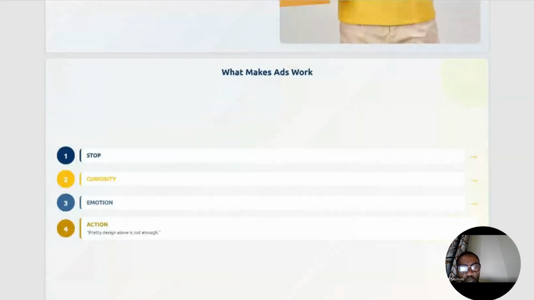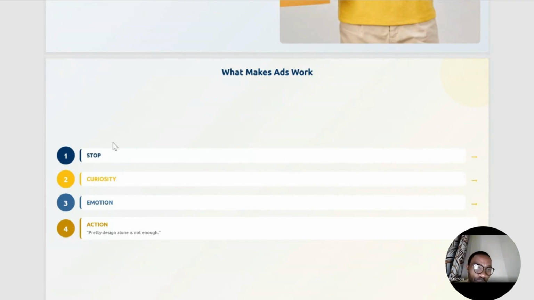What makes ads work? Your ad has to stop people, what we call scroll-stopping. It has to raise curiosity, and then it has to create emotion. People actually buy from emotion. We buy a lot of things which we don't use. Like me, I buy a lot of things which I don't use just because I saw the ad and got excited, or I didn't want to miss out.